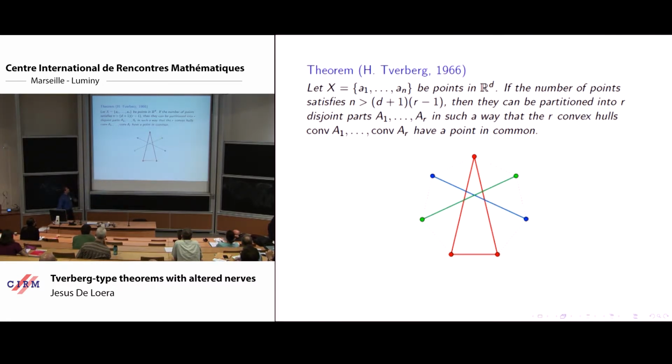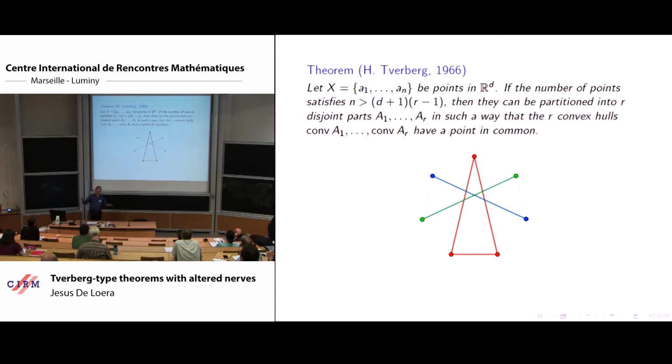For example, if m is equal to 3, I want 3 parts, and I'm in dimension 2, 7 points suffice. If I have 7 or more points in the plane, no matter how you give them to me, I will be able to partition them into 3 colors, green, red, and blue, such that the convex hulls of these colors intersect.